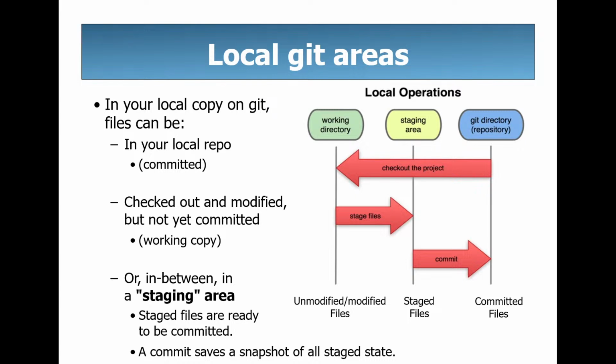Third one, local repository definition. The local repository, also known as the Git directory, is a hidden directory located in the root of your working directory. It contains the entire history of your project, including all commits, branches, tags, and configuration settings.